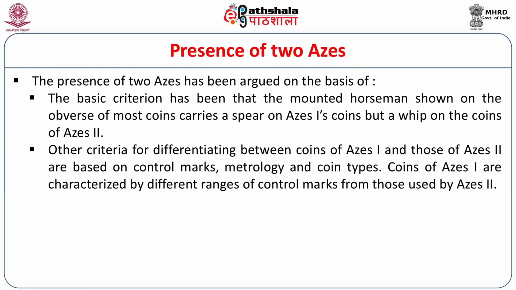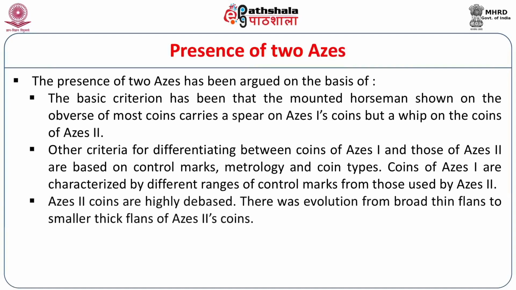Coins of Azes I are characterized by different ranges of control marks from those used by Azes II. The third point is that Azes II's coins are highly debased. There was an evolution from broad thin flans to smaller thick flans during the time of Azes II.